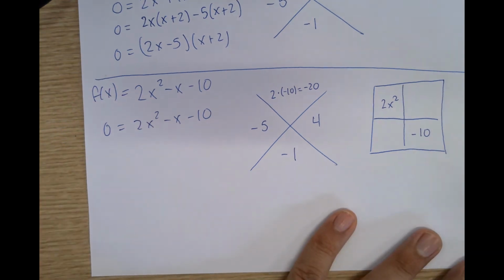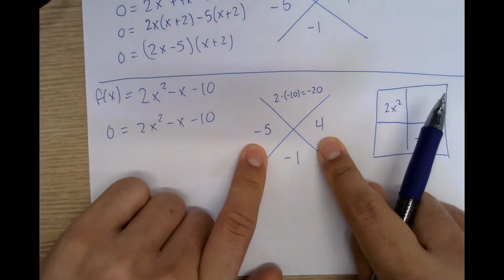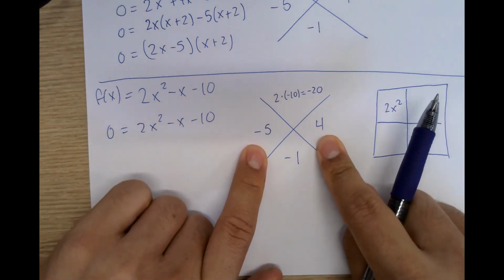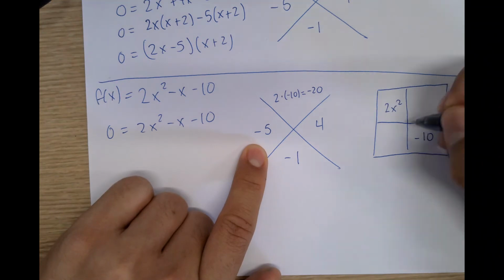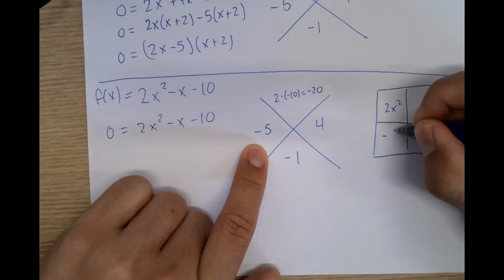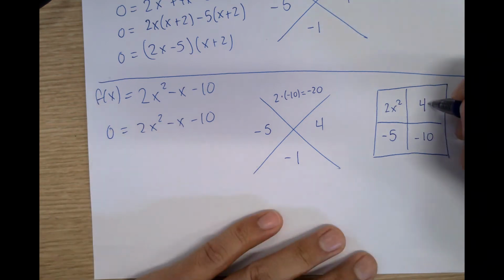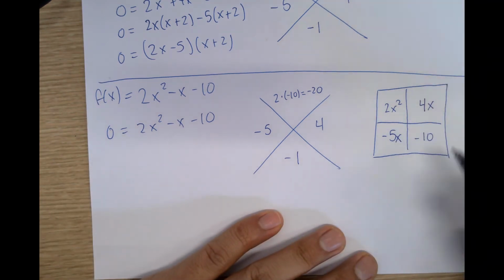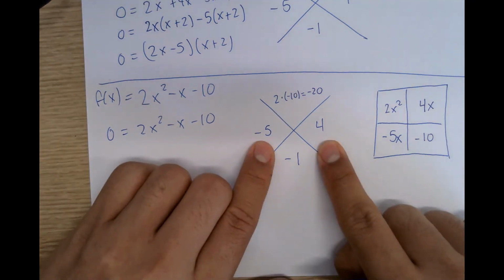Okay, the numbers that we put in here are actually the numbers we figured out from our diamond method. It doesn't matter, you can put the negative 5 here, or you can put your negative 5 here. So we have negative 5 here, and we have positive 4, but these are going to be x values. So it's going to be negative 5x and positive 4x. Again, we get those numbers from our diamond.